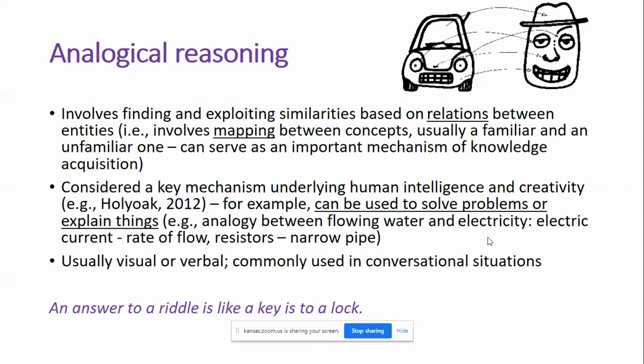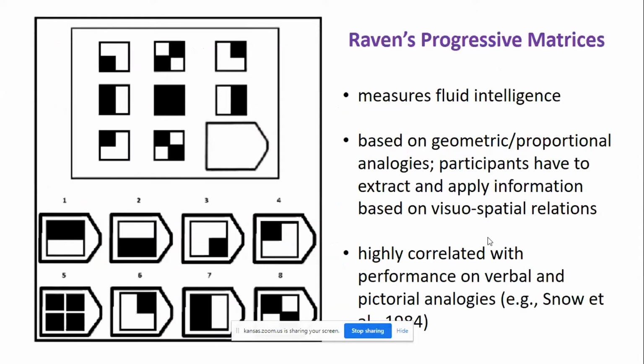And I think what is also interesting is that analogical reasoning is often investigated in a visual format, although you can also look at verbal analogies, and it's also quite often used in conversational, everyday situations. And then I think you are all very familiar with Raven's progressive matrices.